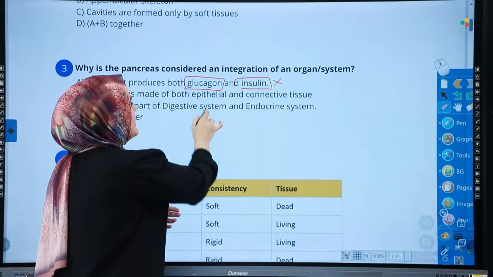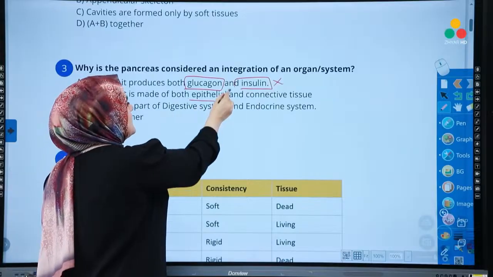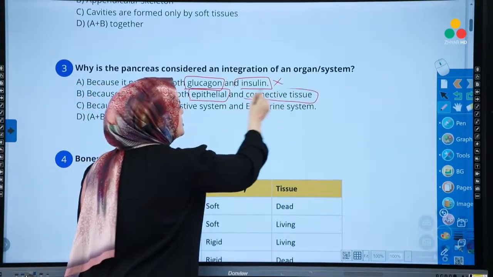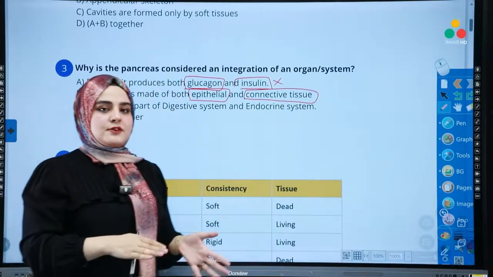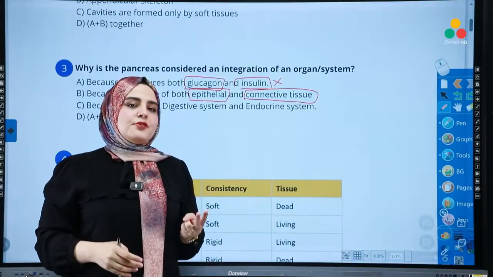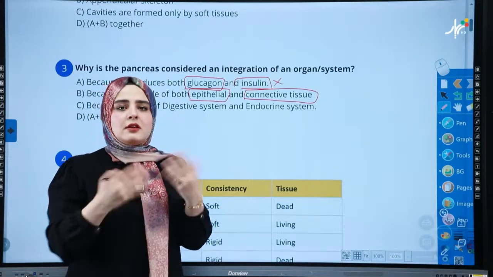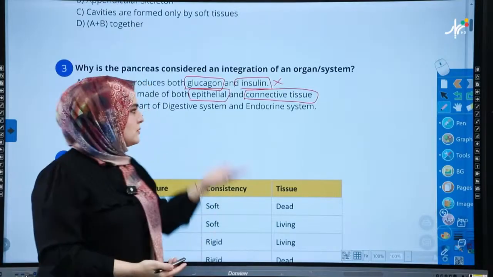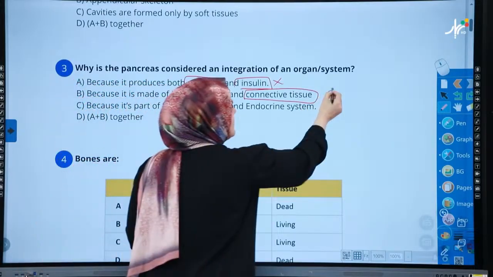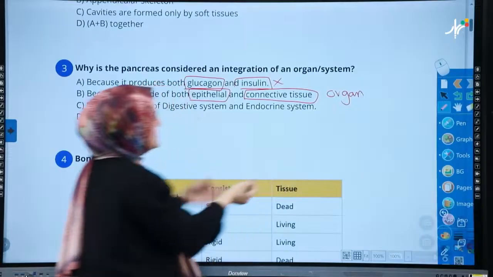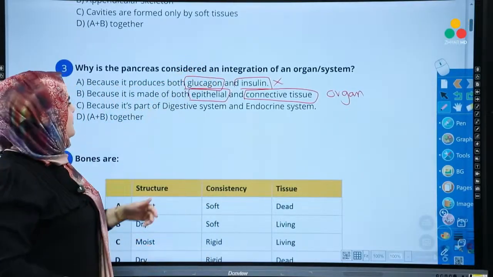Alone, hormones, no. And it says here made of epithelial and connective tissue. Having two different tissues doesn't make it an integration of organ system. It's actually making it an organ. Having different tissue means it's an organ, and this is not what the question asks us.